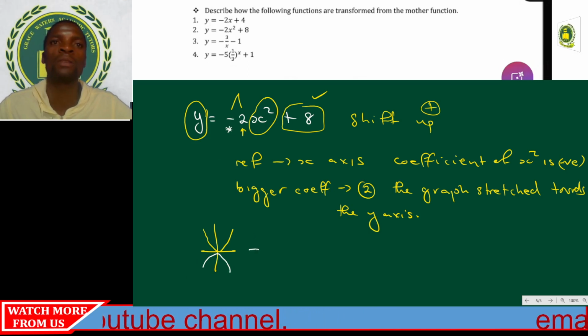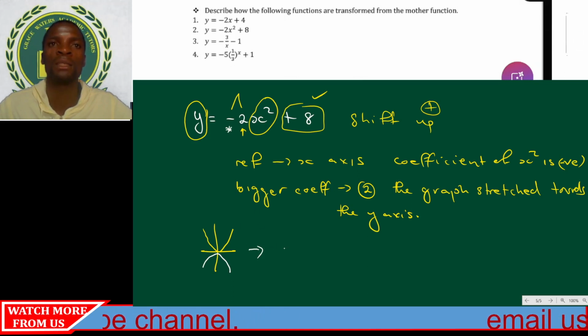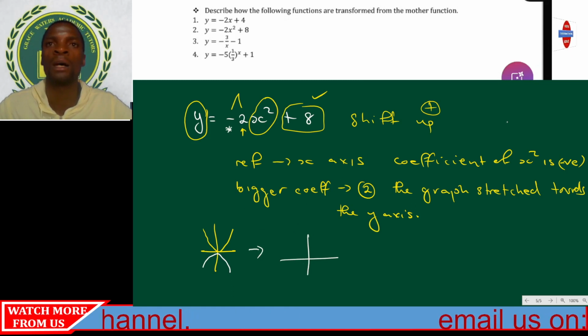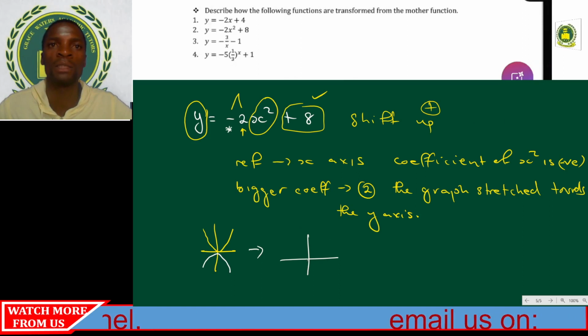Now we move to the next transformation, whereby we are taking it closer to the y-axis because of the coefficient, making it thin.